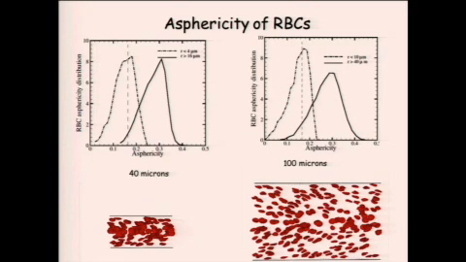And for cells at equilibrium, their distribution of asphericity is this vertical line. It's about 0.16 or something like that. And the cells near the center line pretty well fall on that distribution. If you move outwards from the center line, then the asphericity gets larger, as you can see in both cases.